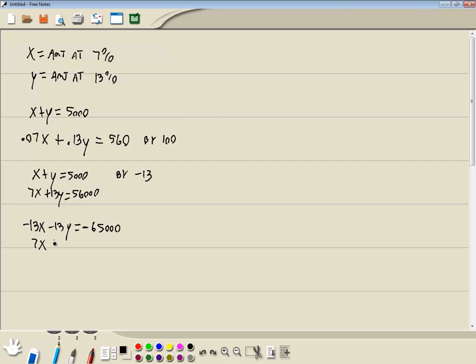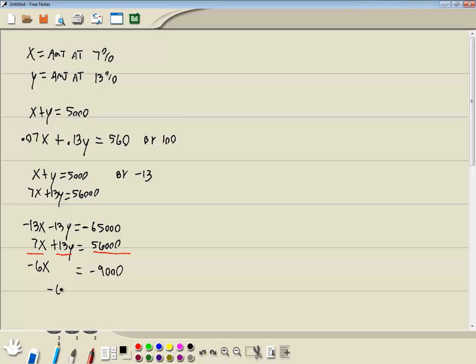Then we have 7x plus 13y is equal to 56,000. Now we're going to add these together using the addition method. Negative 13x plus 7x is negative 6x. Negative 13y plus 13y drops away. Negative 65,000 plus 56,000 is negative 9,000, I believe.